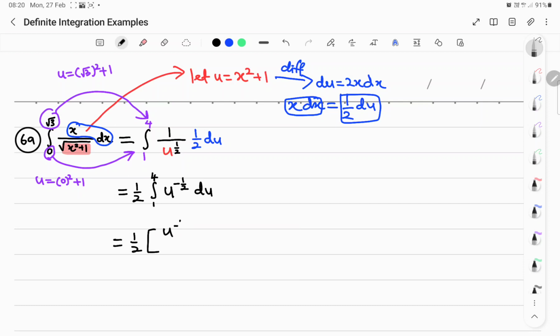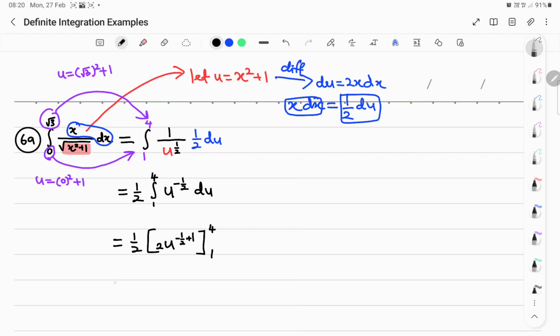So u to the power minus half plus 1, over minus half plus 1, which is 1 over 2. This over 1 over 2 can be simplified further to become 2 over 1. So the over 1, I leave it out and then I move this a little bit further inside. Then don't forget the limit as well.